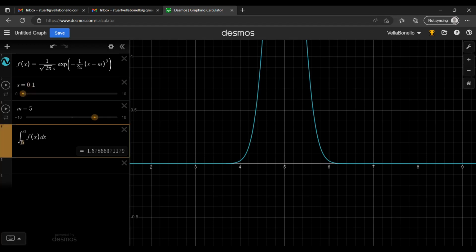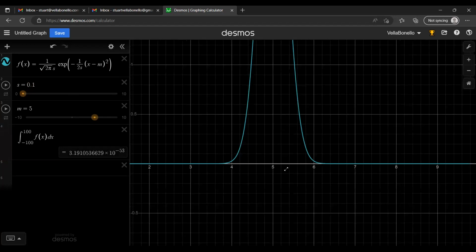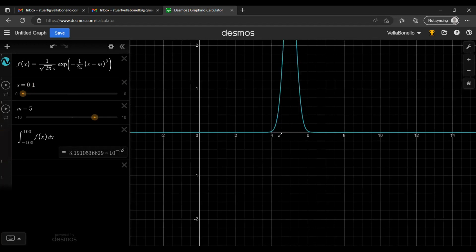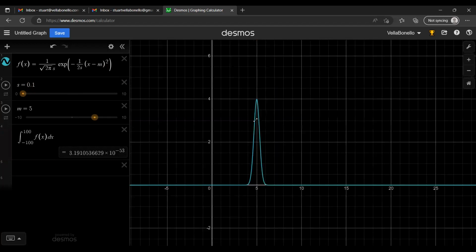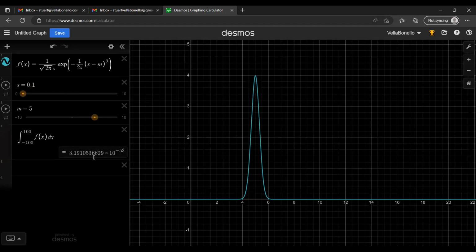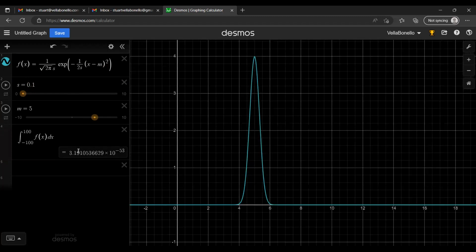Maybe we shouldn't spend too much time on this, but let's take from... That's odd. Now it's either Desmos just isn't coping. Yeah, I think maybe it's trying to do some kind of Simpson's rule or trapezoidal rule, and that would surprise me quite a bit.